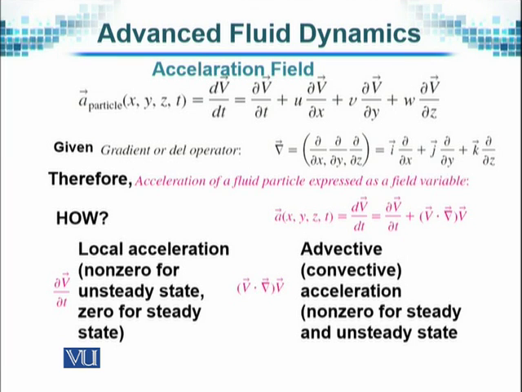As we define in our vector notation, del is denoted by i into partial derivative with respect to x, plus j into partial derivative with respect to y, plus k into partial derivative with respect to z. As a whole, this is called sometimes gradient, sometimes del.